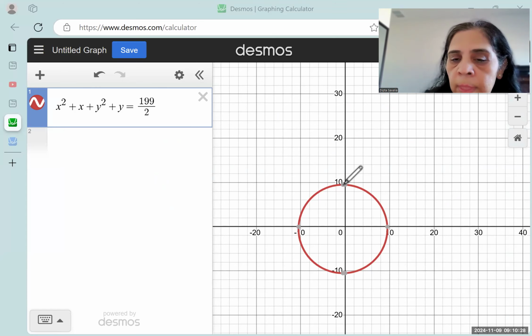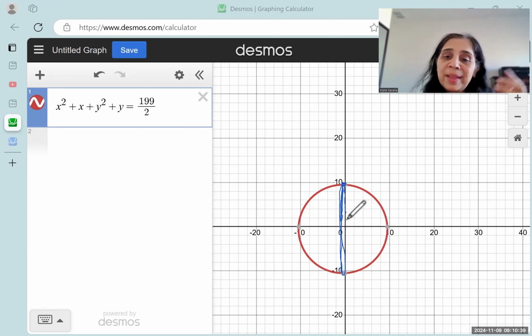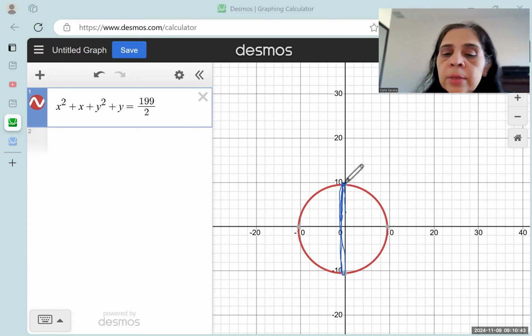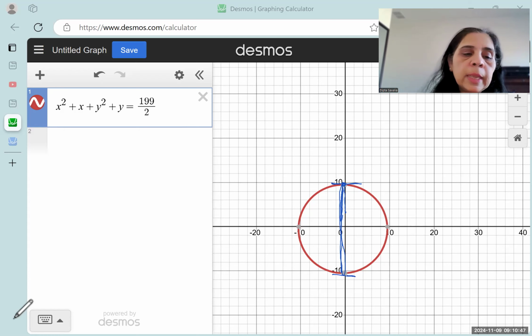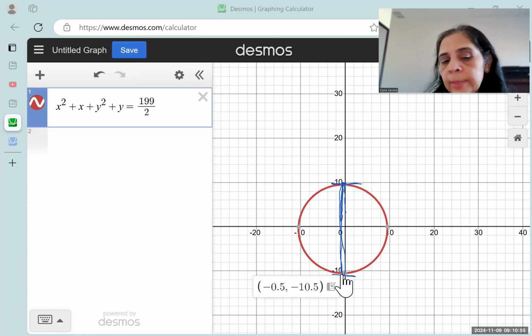You can see this point is not exactly on the y-axis. If you connect these two points, that is your diameter. If you divide the diameter by 2, you get the radius, right? So I can just find the distance in between. If you click right here, you see this distance is 9.5 and here is negative 10.5.